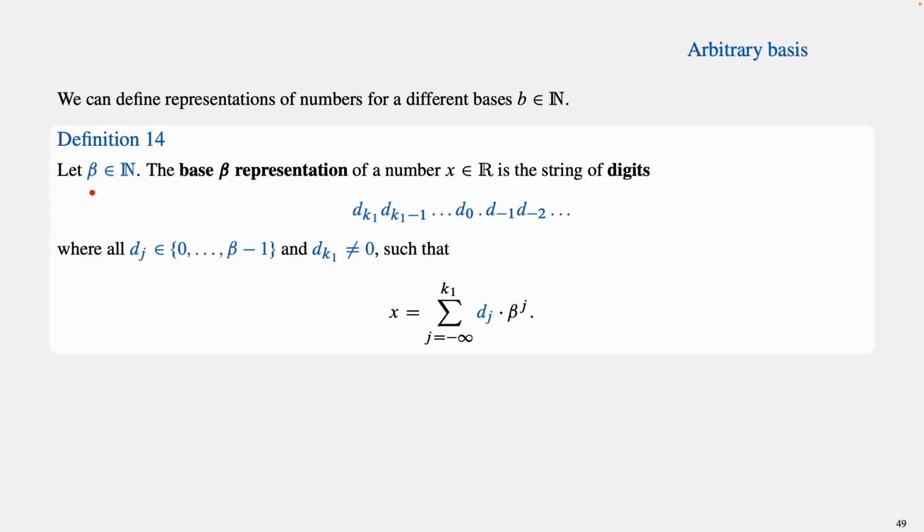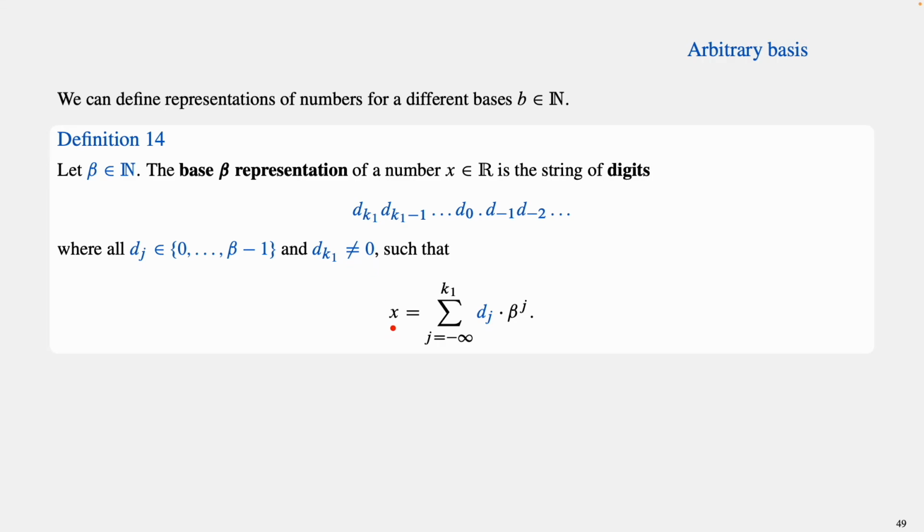So let beta be a natural number. Then the base beta representation of a real number x is the string of digits d_{k1}, d_{k1 minus 1}, down to d_0, dot, d_{minus 1}, d_{minus 2}, and so on, where all the digits d_j are between 0 and beta minus 1, and the largest index here is different from 0.